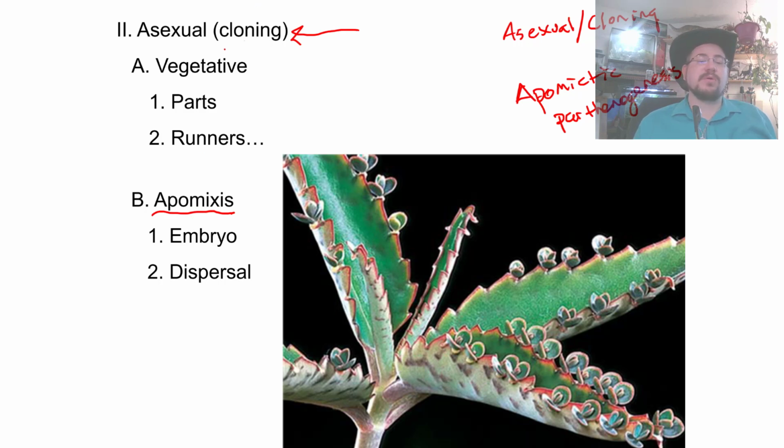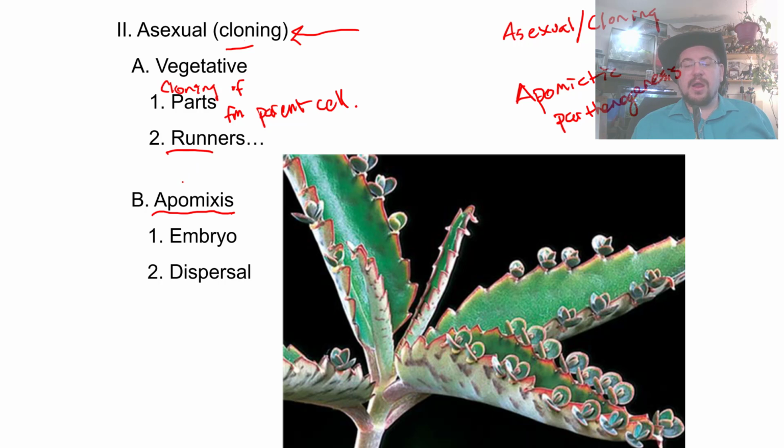Alright, so when we talk about cloning, we are talking about vegetative reproduction. It's very common in harsh environments. You can see it in two basic ways. One, we could have the cloning of parts from the parent cell. Then we could also see runners.